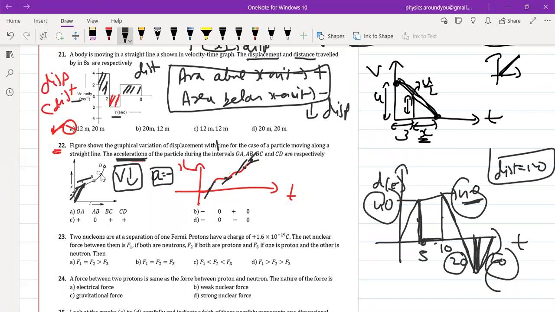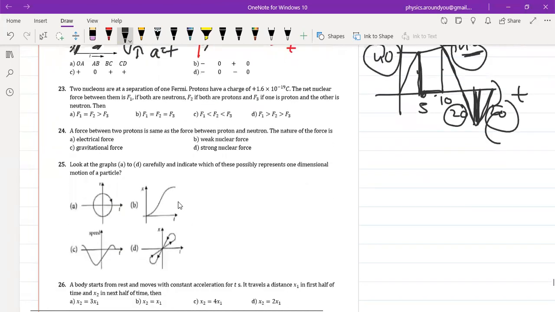If I want to find the acceleration in CD, again I take two points and compare the slope. Here I can see that the slope is actually increasing in CD. Therefore, velocity is increasing, therefore acceleration is positive. So that's how you relate acceleration to an xt graph, by considering whether slopes are increasing or decreasing.